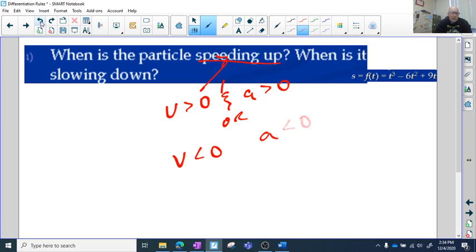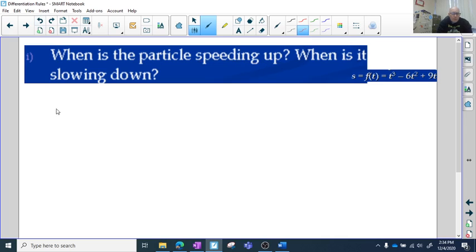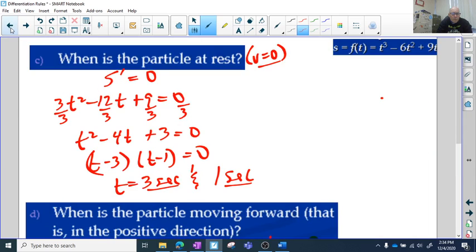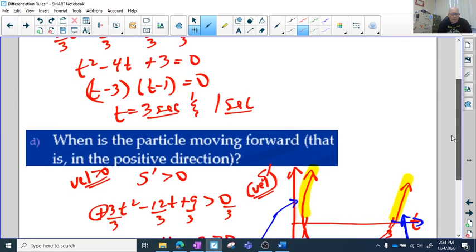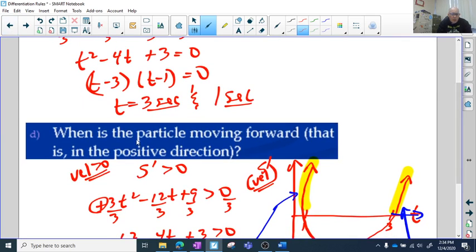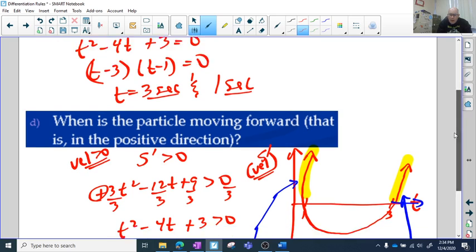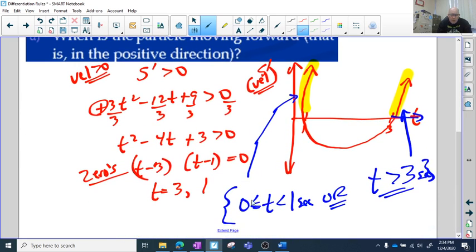So let's take speeding up. So speeding up, I'd have to have s prime, which we did earlier, moving in the positive direction. So velocity greater than 0, we found was between 0 and 1 and greater than 3.